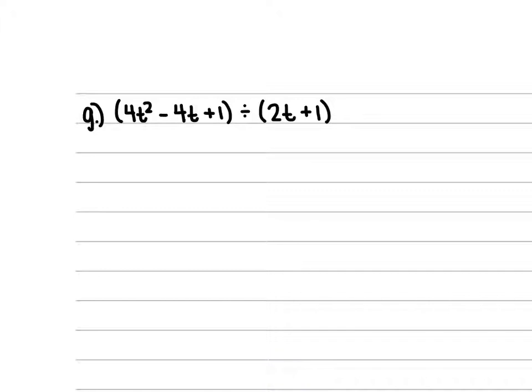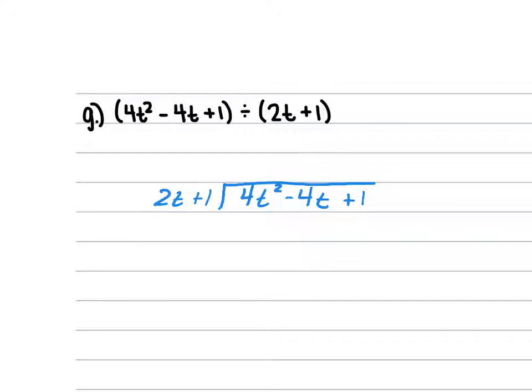So 4t squared minus 4t plus 1. Let me move this down. Sorry, I just want a little extra space there. So 4t squared minus 4t plus 1 divided by 2t plus 1.